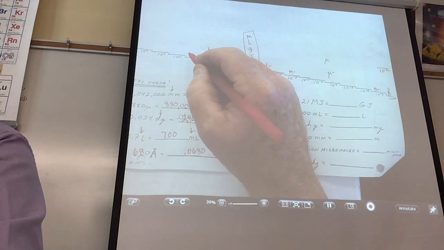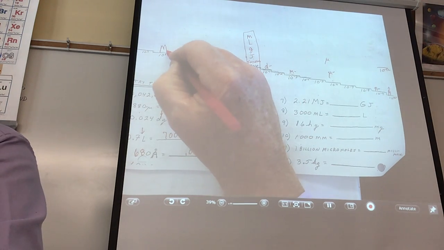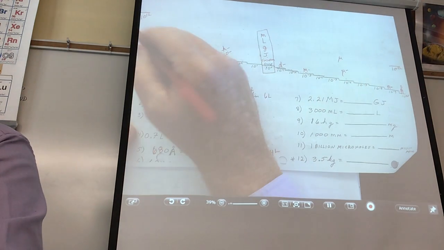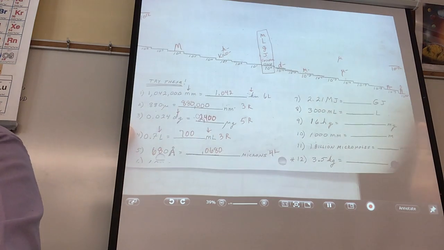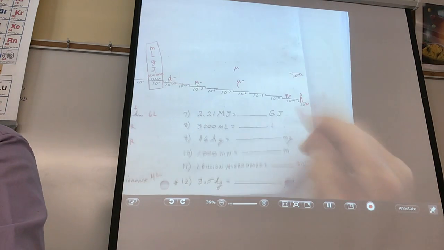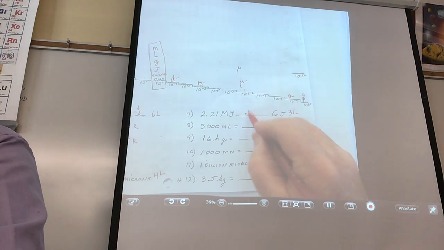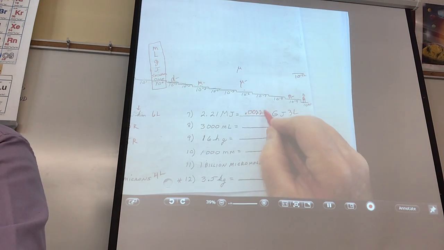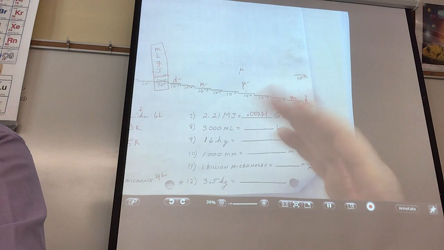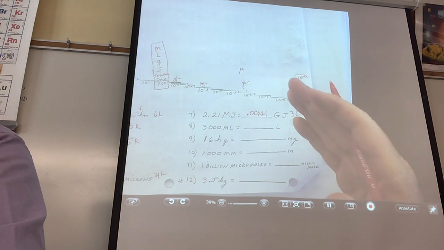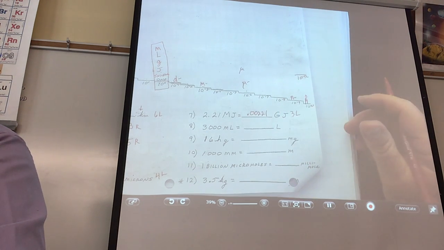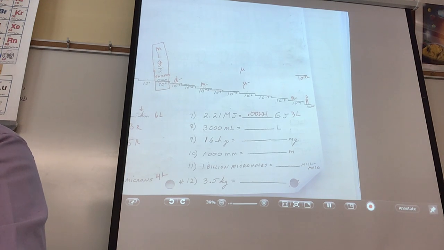All right, so mega to giga. How many steps in what direction? 3 to the left. What's your final answer? Has this been easy for you before this? You already knew how to do this before that? That's good.